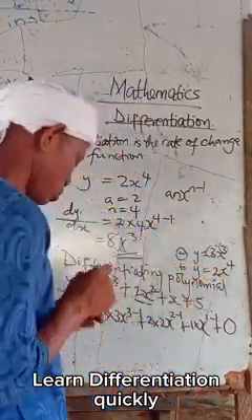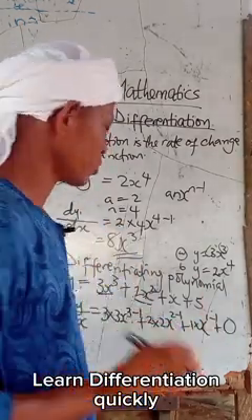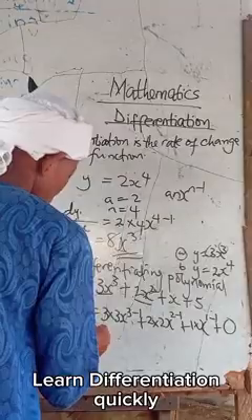Note it. Differentiation of a constant is what? 0. Good.